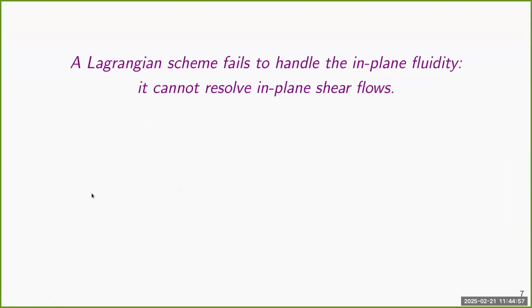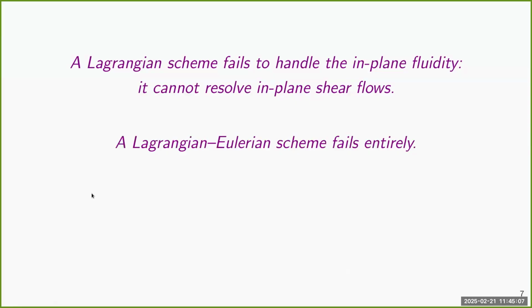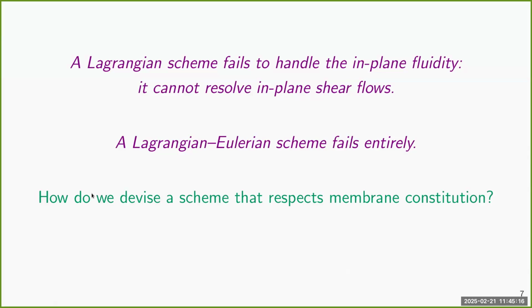We found that a Lagrangian scheme, which is used in solid mechanics, fails to handle the in-plane fluidity because it can't deal with these shear flows. We also find that the Lagrangian Eulerian scheme, this kind of hybrid method where we project the mesh velocity, entirely fails. So now we're tasked with this question of, can we devise a scheme that better respects the membrane behavior and the membrane constitution?